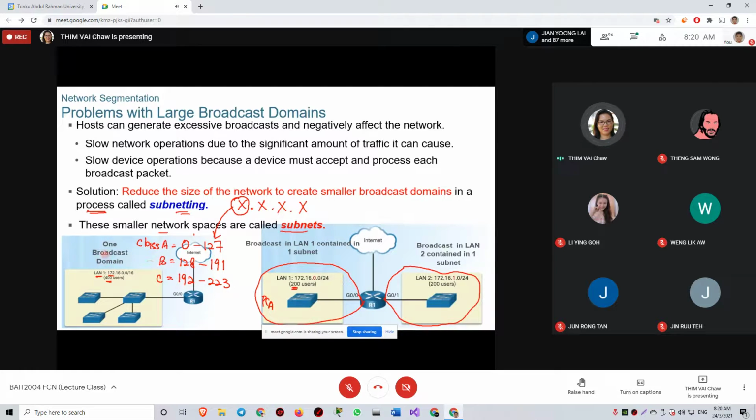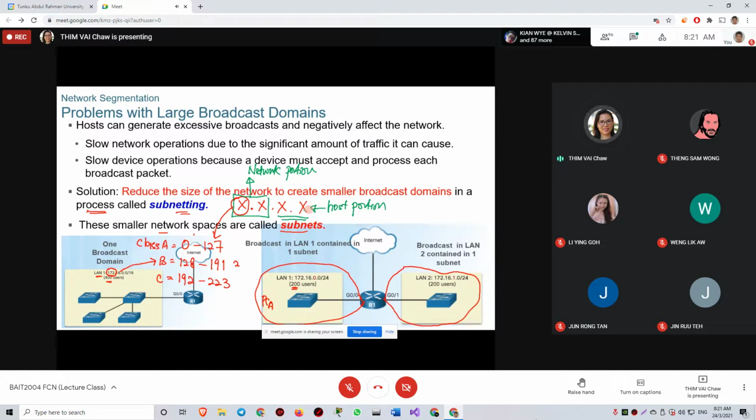Now, if you look at this address, 172 belongs to class B. And for class B, it is already fixed that there are 2 octets used for the network portion, and the last two octets are referred to as the host portion.